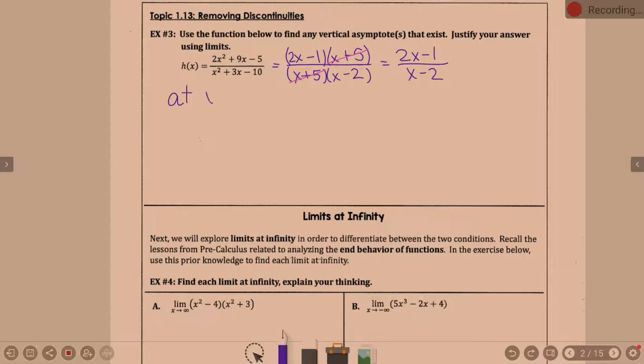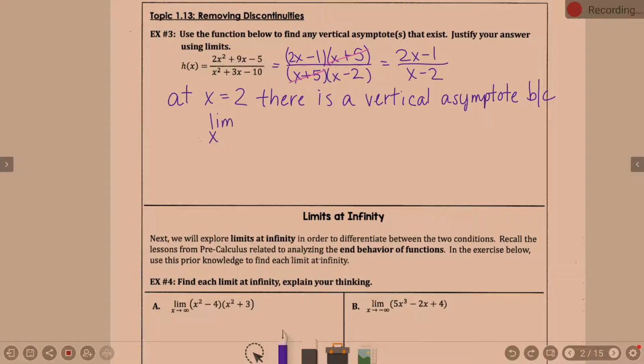At x equals 2, there is a vertical asymptote. And we know it because of our algebra skills there. But if we talk limits, we need to think about the limits here.